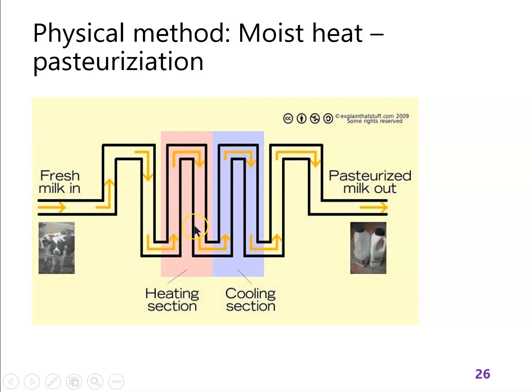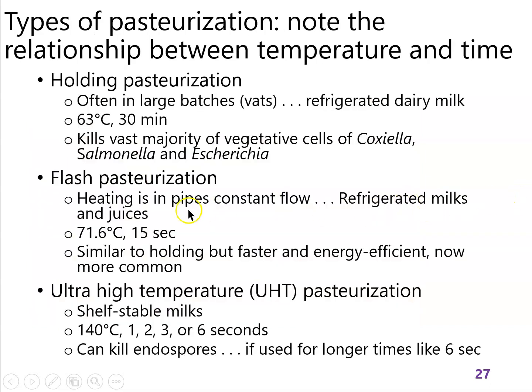This allows us to keep things moving through the factory and control the temperatures. And if the temperature goes up like 8 degrees, we can achieve the same pasteurization in a much smaller amount of time. And this would be less likely to affect the flavor also.